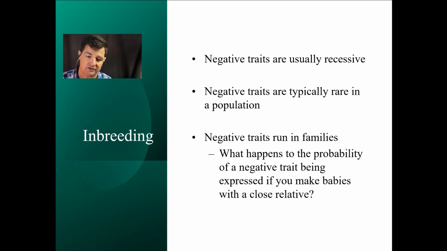However, negative traits also tend to run in families. So if you have some negative genetic traits in you, the odds that your close family members have those same genetic traits tend to be high, because you're in fact genetically related to them. So that makes sense.